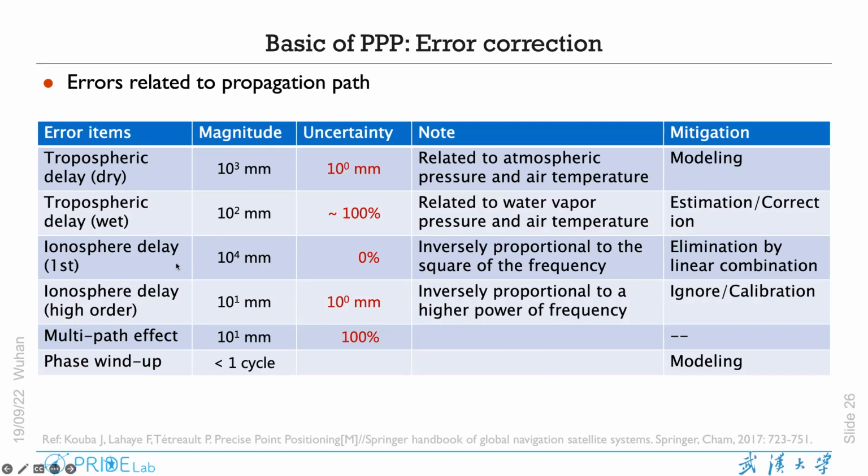And the first order ionosphere delays can be mitigated using linear combination of signals, and the higher order ionosphere delays can be calibrated using some pre-existing gridded ionosphere product.